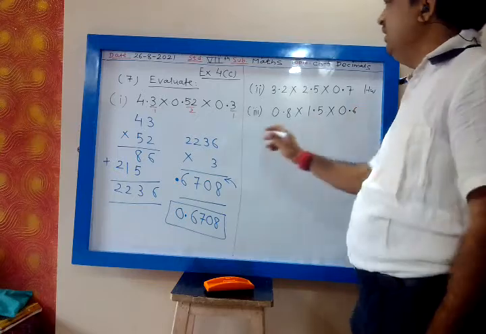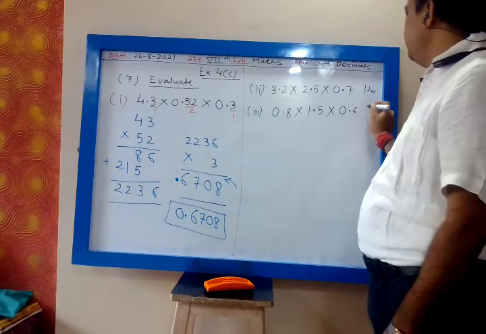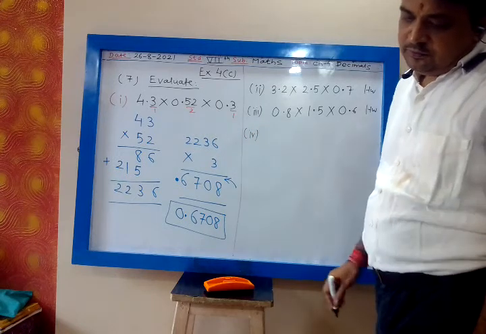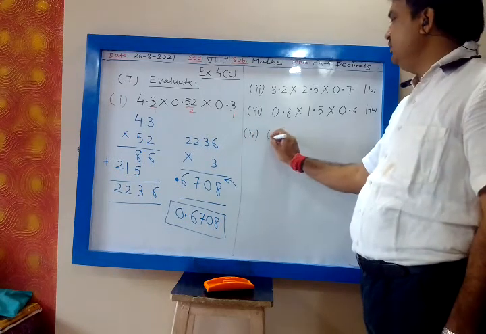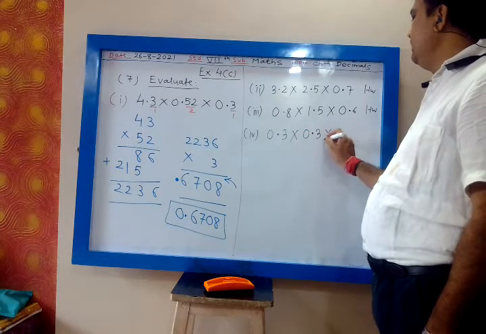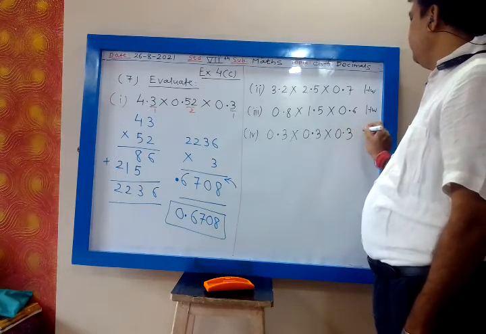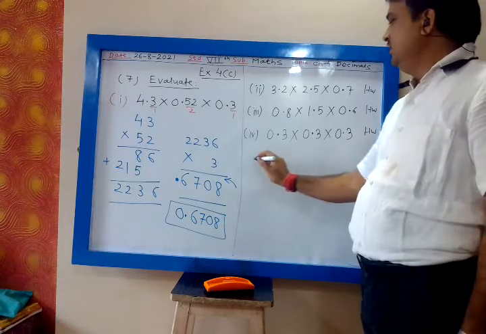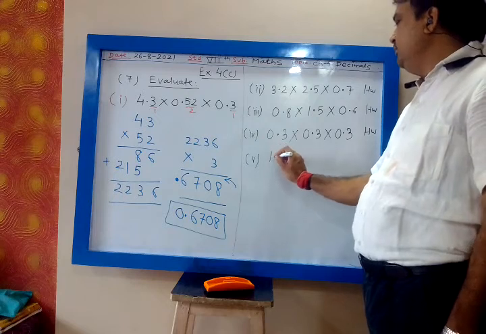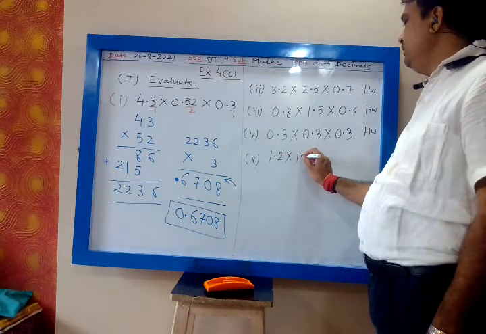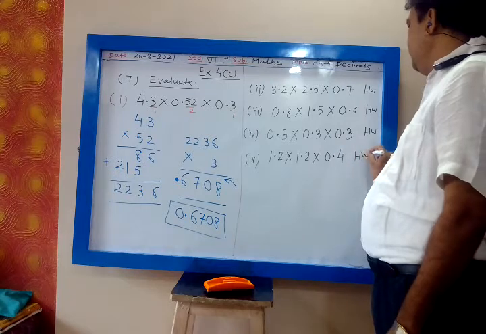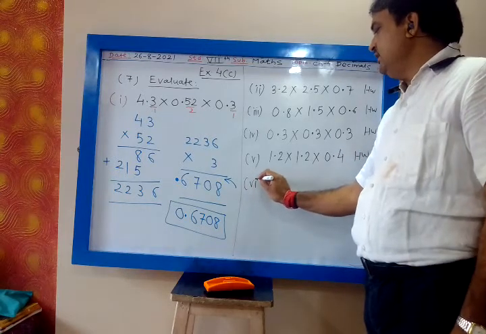While multiplying we neglect the decimal, you remember. Then fourth: 0.3 into 0.3 into 0.3. Homework. Then fifth one, 1.2 into 1.2 into 0.4. Yes, you can easily multiply. Homework.